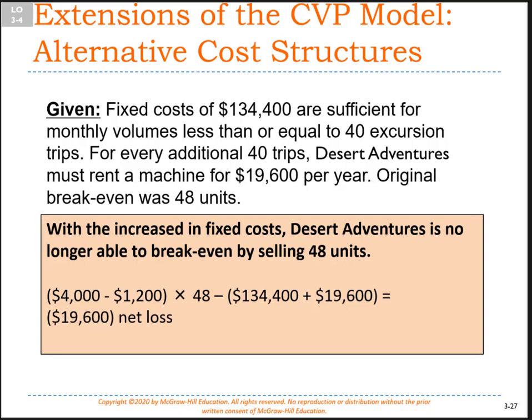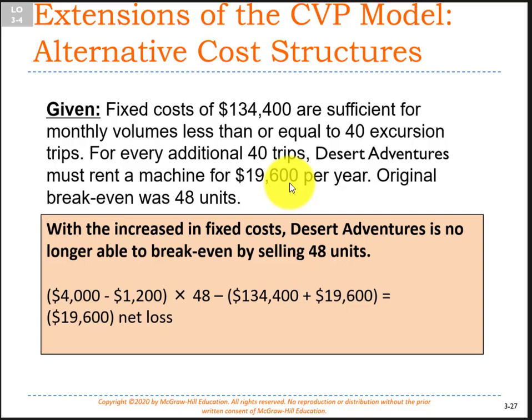So, for instance, in this situation, for every 40 trips, Desert Adventure must rent a machine for $19,600. The $134,400 is up to 40 excursions. But if you go over 40, you've got to have this additional fixed cost.